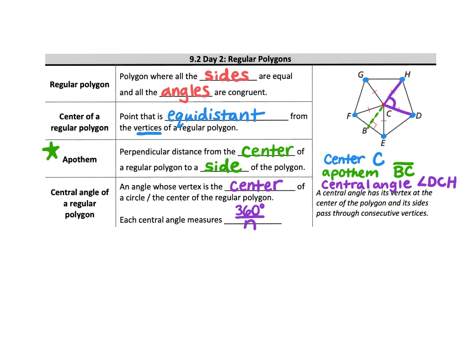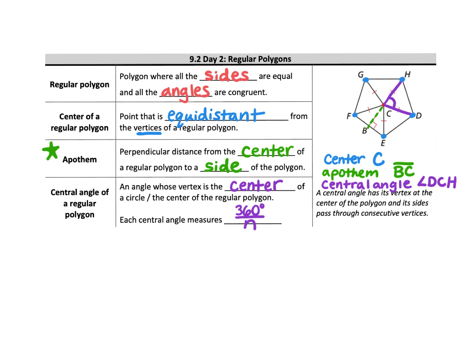And then the central angle of a regular polygon is an angle whose vertex is the center of a circle or the center of a regular polygon. So we can think of this like I could make a circle around here if I wanted to. So the center of the regular polygon is going to be the center of the circle that forms the polygon. I'm going to take that away though, so that we can focus just on our pentagon here.